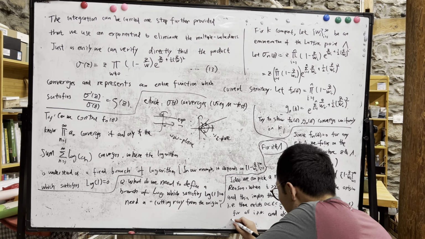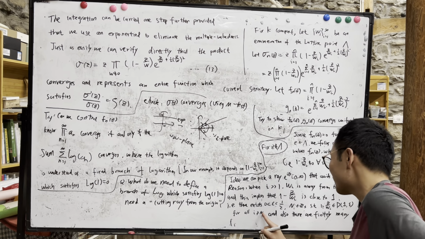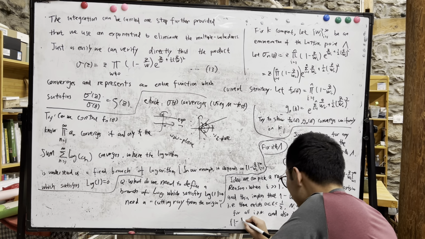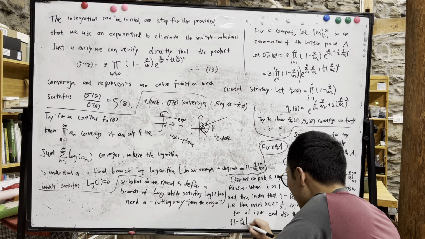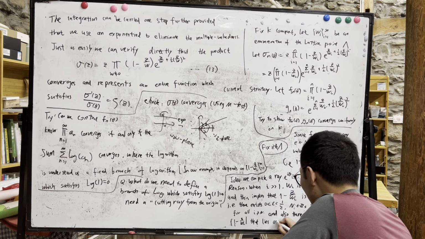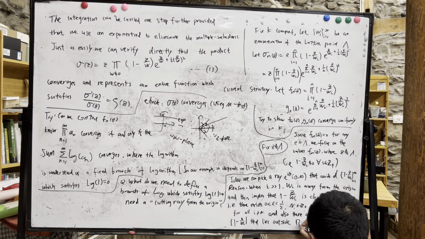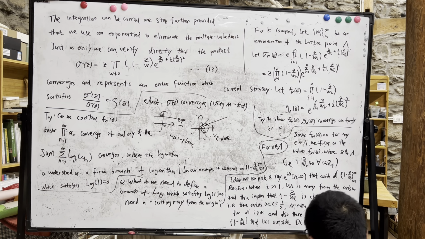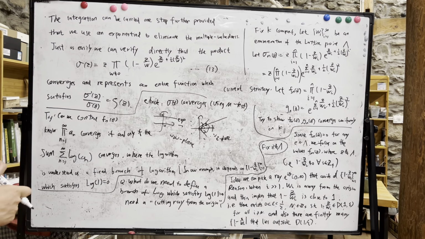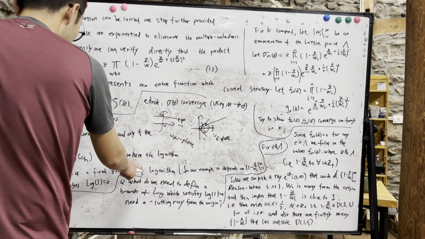Namely, there are just m minus 1 points 1 minus z over omega I that lie outside this disk. So we are okay with the branch of logarithm.